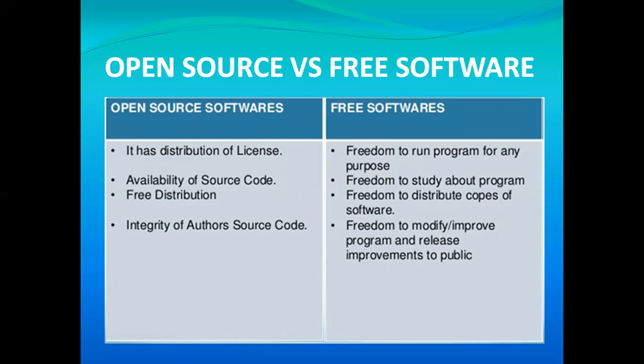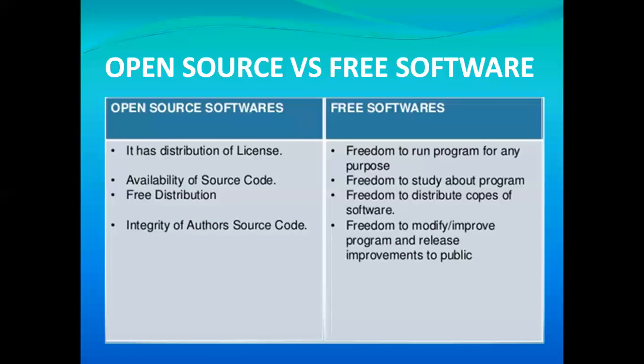Free software, on the other hand, is the freedom to run the program for any purpose, freedom to study the program, freedom to distribute copies of the software, and freedom to modify and improve the program and release the improvement to the public. Basically, those are the differences.